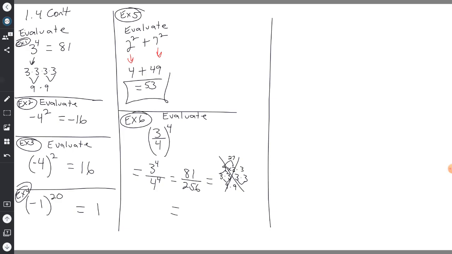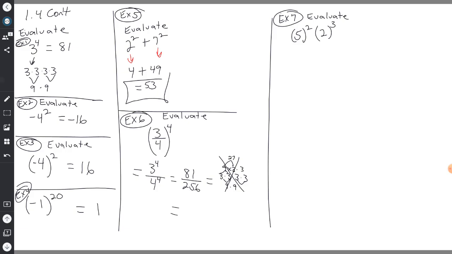So the last problem for today. This one is reading 5 squared, or 5 to the second power, times 2 to the third power.